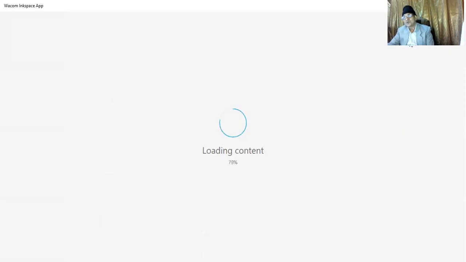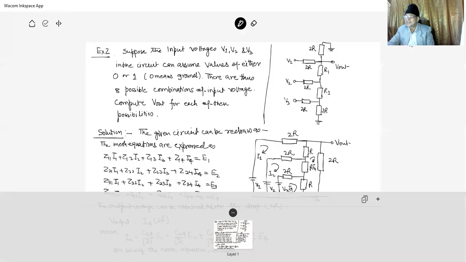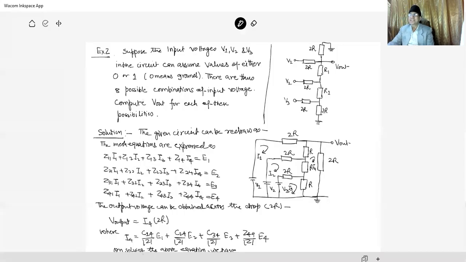So this one is the important expression, and the second example is again very important especially for those students who belong to the electronics stream, because this one is a new concept where we give the value as 0 and 1, something like digital mode. So the question is: suppose the input voltages V1, V2 and V3 in the circuit can assume values of either 0 or 1. 0 means ground, and 1 means the maximum value of the voltage.